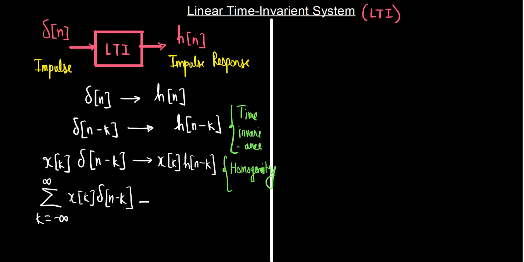So that should also result in the summation of individual outputs. So that should result in the summation, k running from minus infinity to infinity, of x of k h of n minus k. How do we obtain this? We have obtained this by imposing the property of additivity.